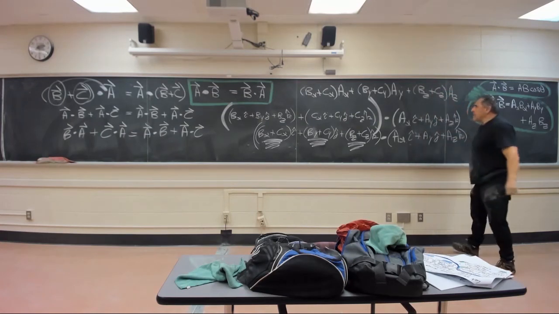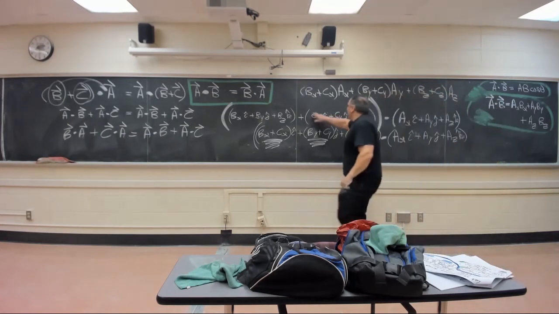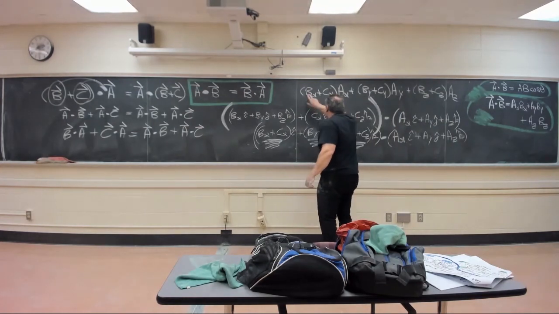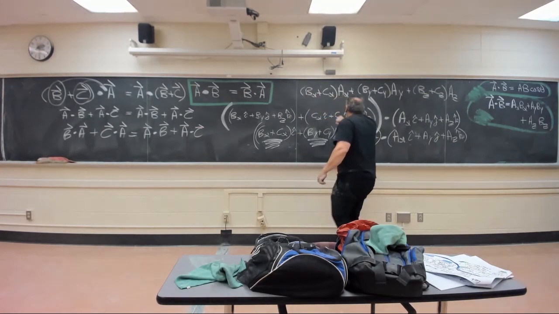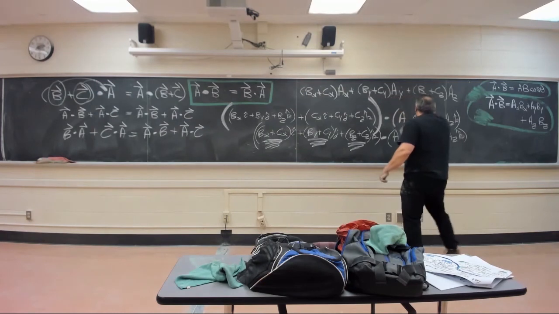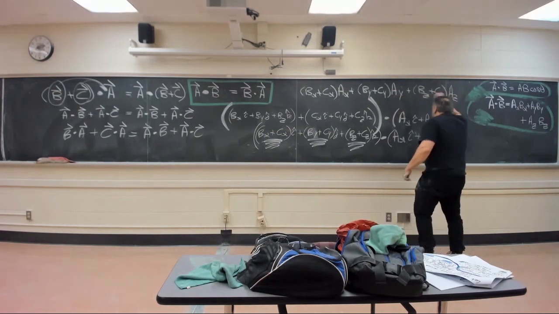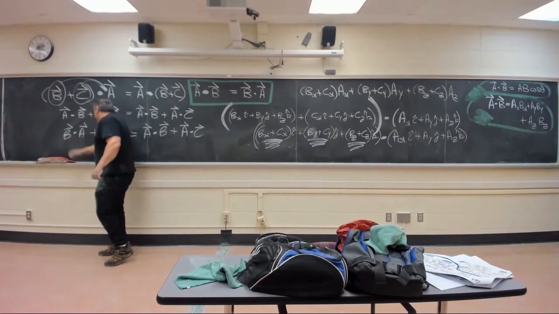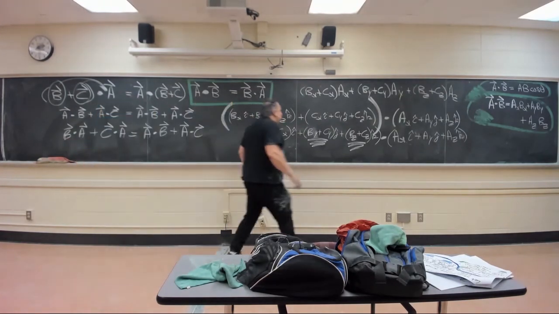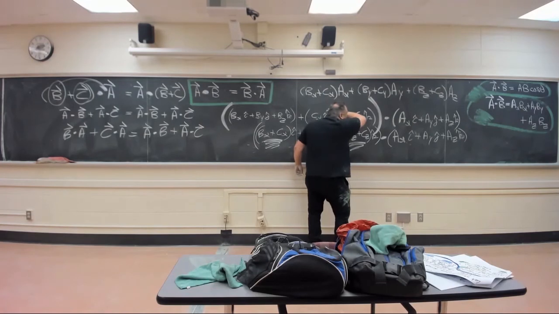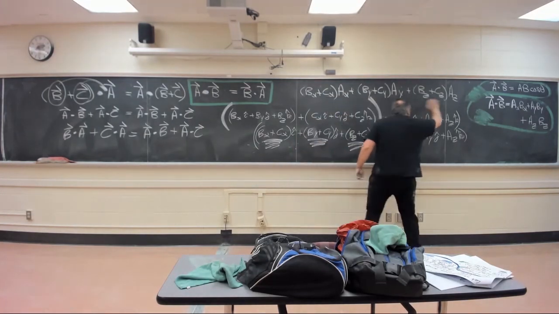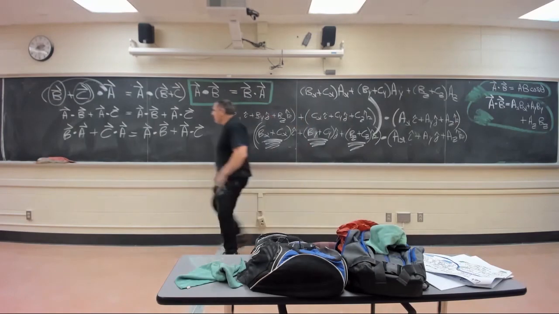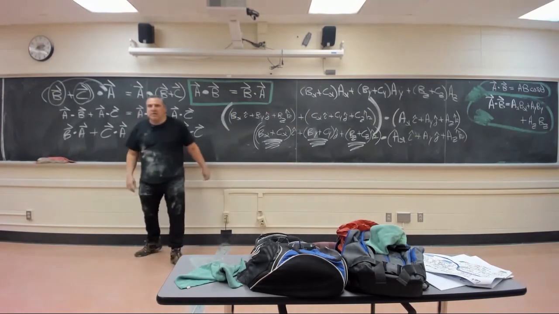The rest is mathematics. Wait a minute, this is Bx. Let's do it. Bx Ax, By Ay, Bz Az. That's that. I'm just doing it in a different order, but they're all accounted for. Cx Ax, Cy Ay, Cz Az. That's C vector dot A vector.